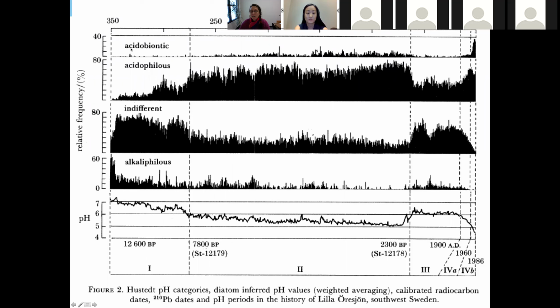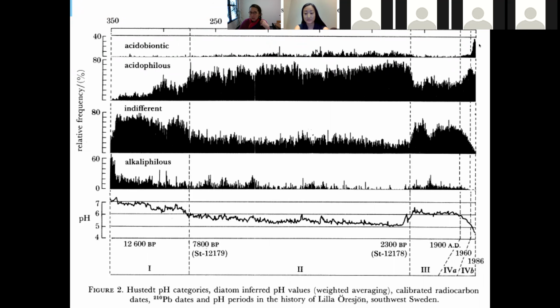And the acidobiontic, the ones that really have to have acid water, here is the key part of this whole graph: this increase right here in recent time was a human-caused acidification. So here we've got a giant graph, and a little tiny part that was really part of the crucial story.